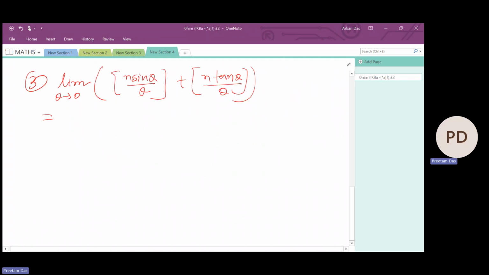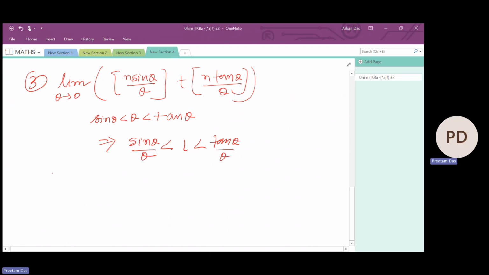So there is a very important property for very small angles. It is sine theta less than tan theta, for quantities very close to 0, which is exactly this case, theta tends to 0. So now if you apply this, we can write it as sine theta by theta less than 1 less than tan theta by theta.